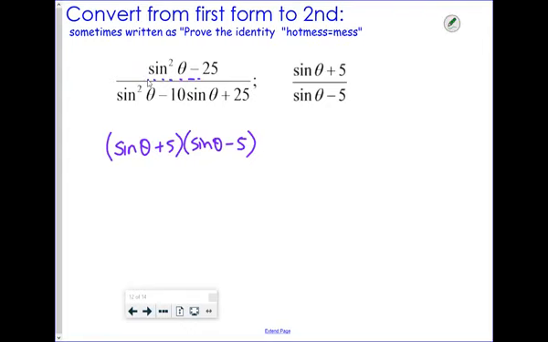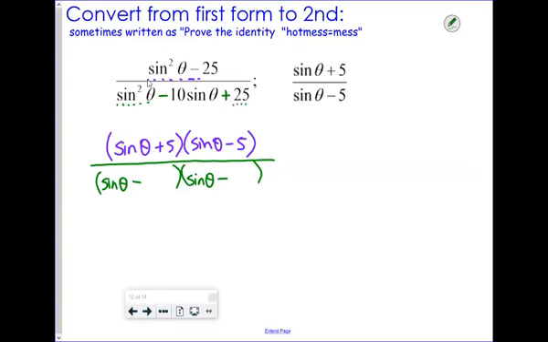And in the bottom here, I'm going to factor it. With reverse FOIL, what are my only obvious factors of sine squared theta? Sine theta and sine theta. Adding means that what goes here and what goes here must be the same. And as I've got a negative there, I'm going to be subtracting in both of them.